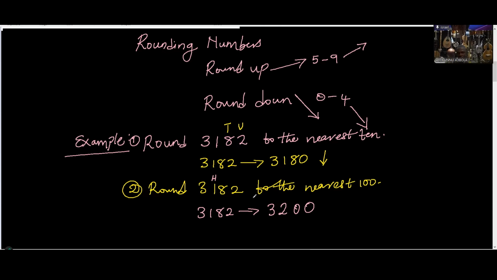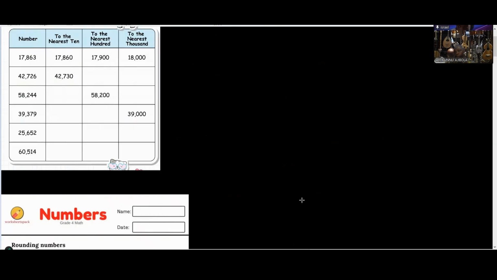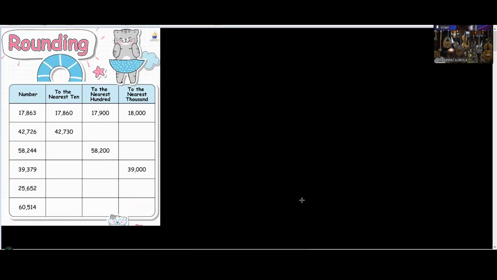You just consider the place value you are given, and I'm going to give you some sort of exercise to do now. I'm going to round these numbers. You're just going to round them yourself to the nearest 10, nearest 100, and nearest 1,000.